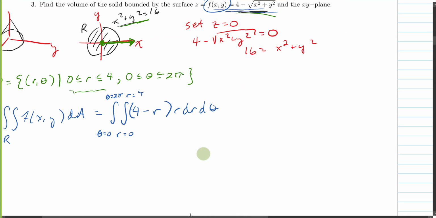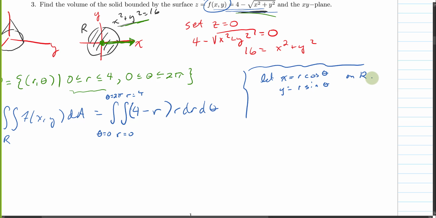Okay, yeah, so one thing I didn't do here was actually write out the substitution. So here is our substitution. We're going to let x equal r times the cosine of theta, y equals r times the sine of theta on our region R. And because of that, x squared plus y squared is equal to r squared, so we could rewrite this f of r, theta as 4 minus the square root of r squared.